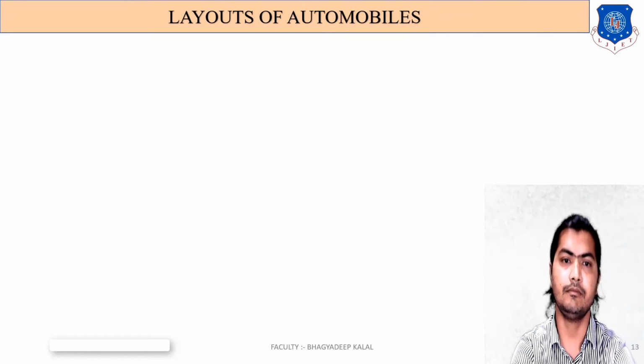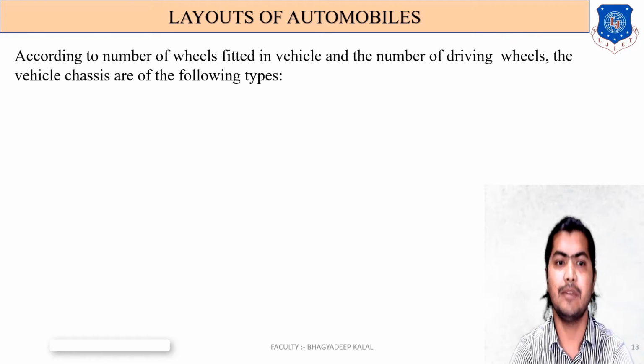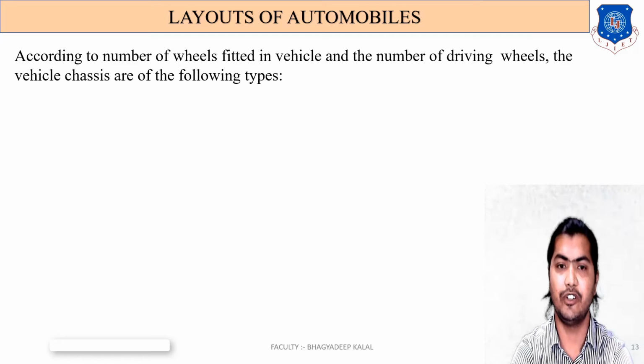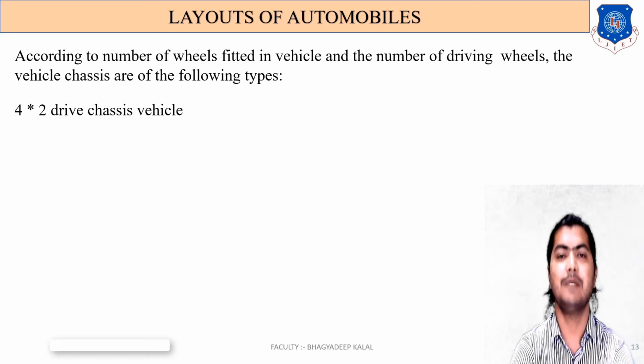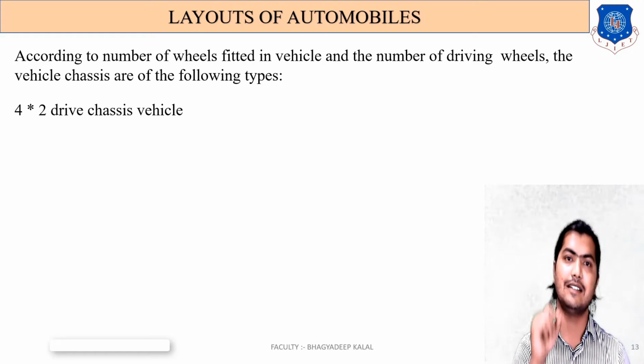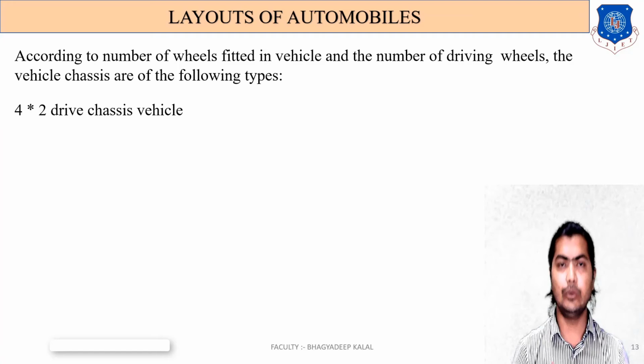Next is the layout of automobile system according to the number of wheels fitted in the vehicle and the number of driving wheels. The vehicle chassis are of the following types. First is the 4x2 drive chassis system. Sometimes on a vehicle it is written like 4x2, 4x4, 4x6. What is the meaning of 4x2? 4x2 means that a vehicle has four wheels and two drive wheels.